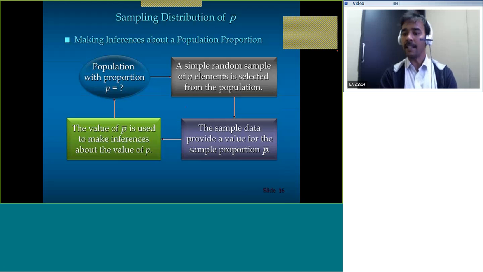So the test statistic here, the sample proportion, is a random variable. For that, I am calculating the probability distribution. The probability distribution of P bar, the sample proportion, the test statistic, is known as the sampling distribution of P bar.